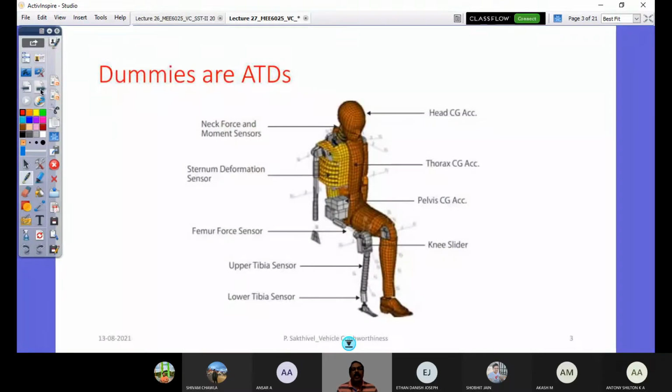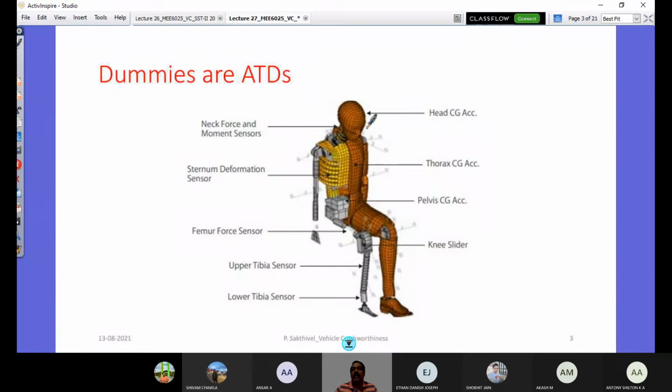You can see that these dummies are ATDs mounted with various transducers at these locations. Importantly, at the CG of the head you have an accelerometer, then you have neck force and moment sensors, a sternum deformation sensor, the ribs, and a thorax CG accelerometer at the mid thorax.